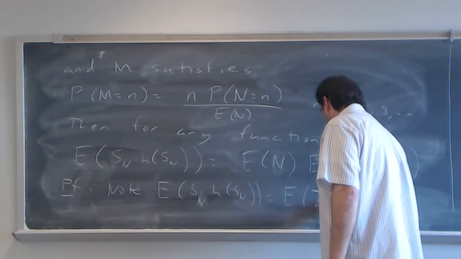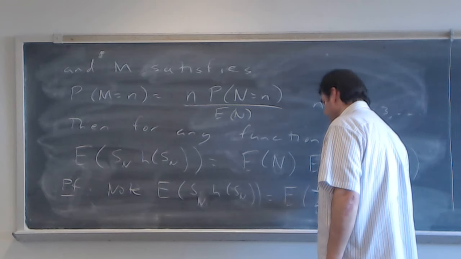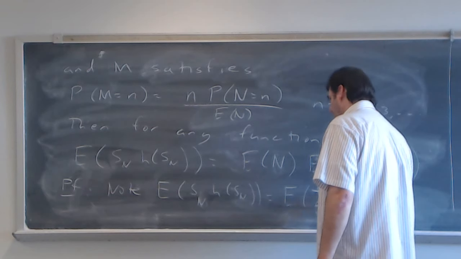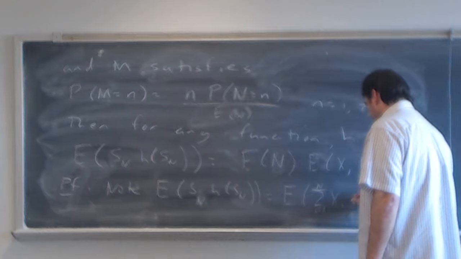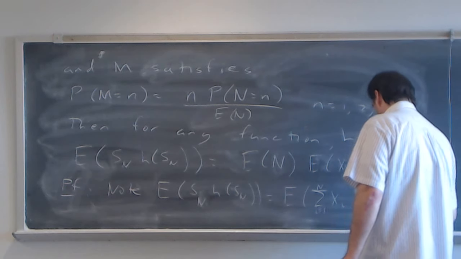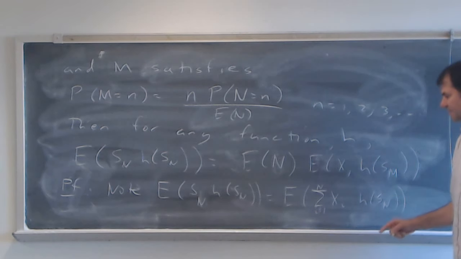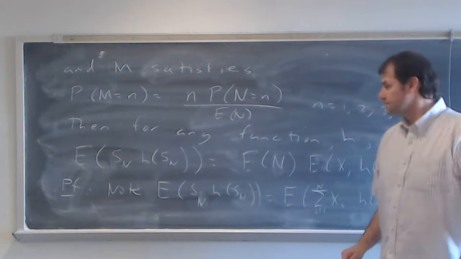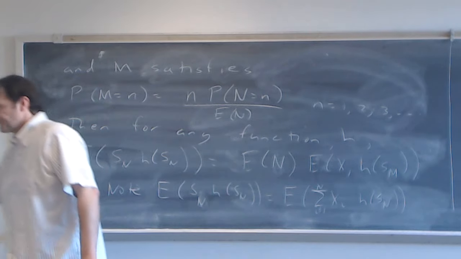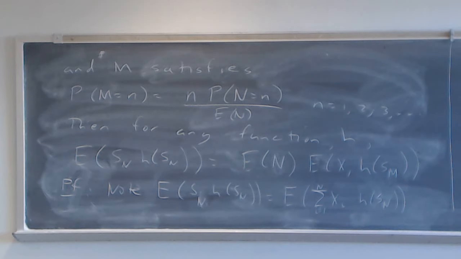It is a sum, if you will, as i runs from 1 to N of X sub i, times h of S sub N. And so what we'll do is compute this expected value by conditioning, based on what big N is.